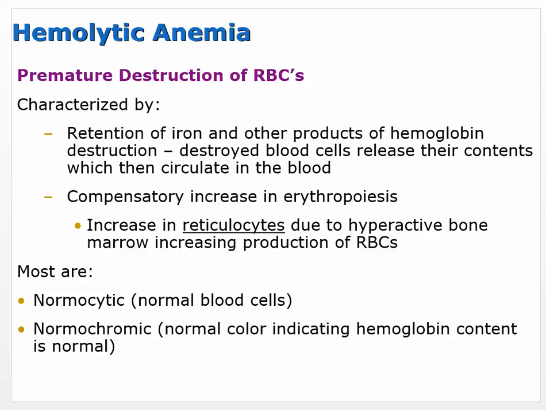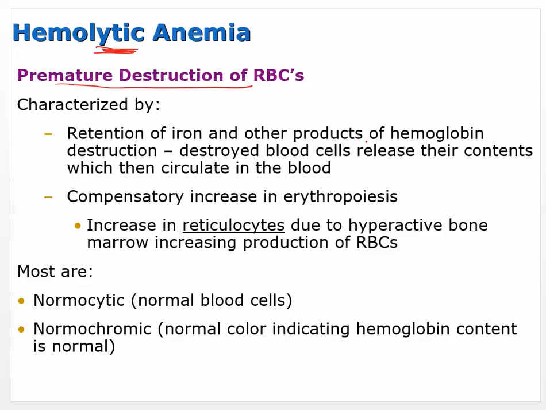Okay, so we're going to start by talking about hemolytic anemia. And lytic means to cut or to lyse. Basically, you're breaking them. So that's the premature destruction of red blood cells, characterized by a retention of iron. So you're going to see more iron in the blood. Well, that makes sense. You've just broken your red blood cells, and that's where the iron was.